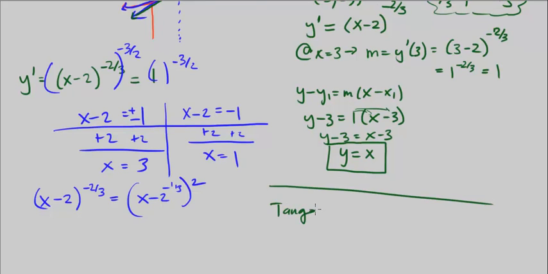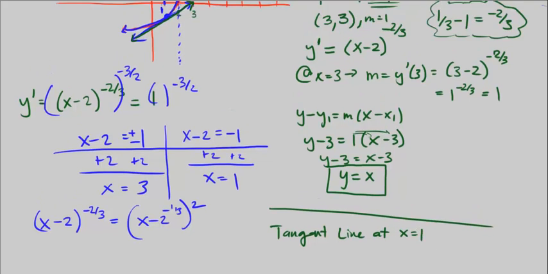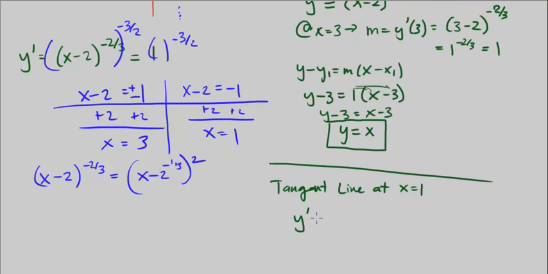Tangent line at x is equal to 1, right? We have the slope function y prime is equal to (x minus 2) to the power of negative 2/3.